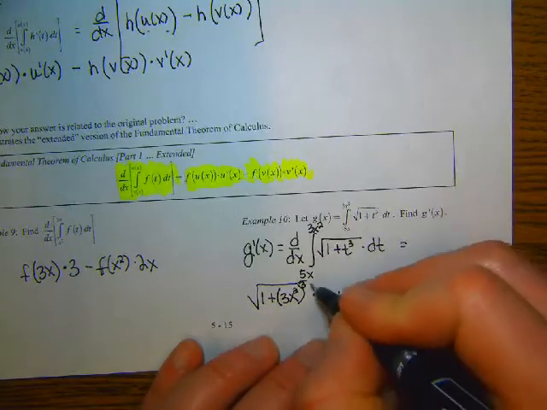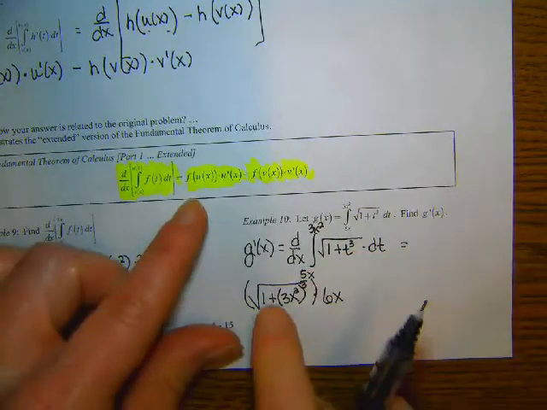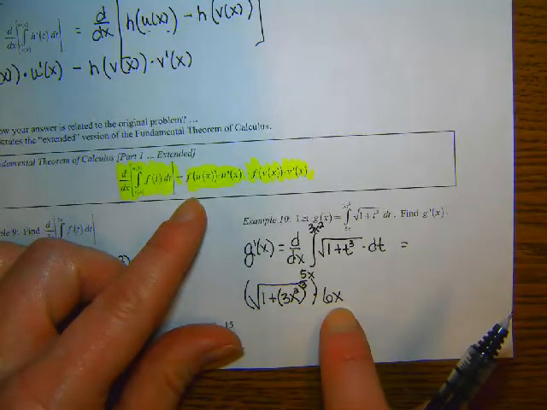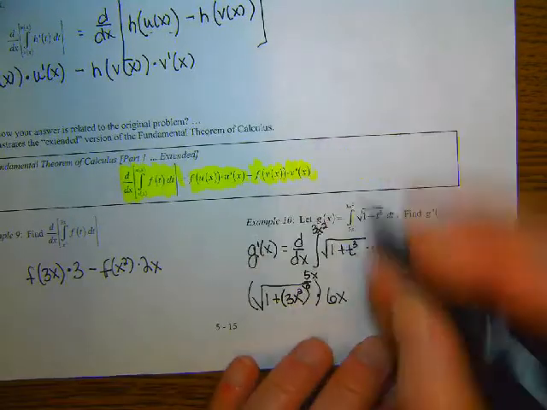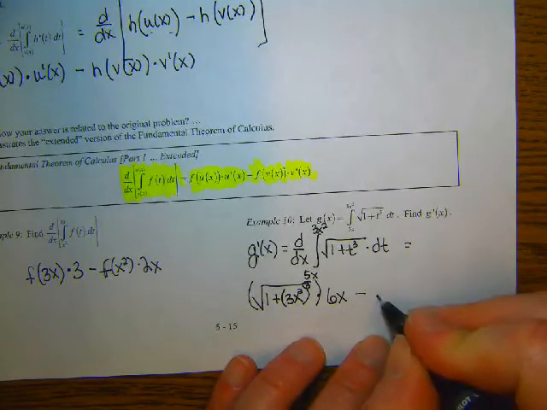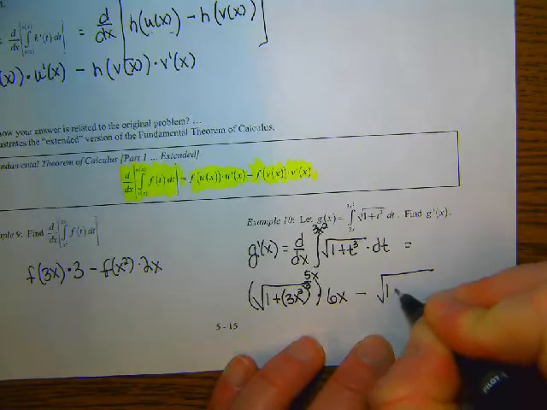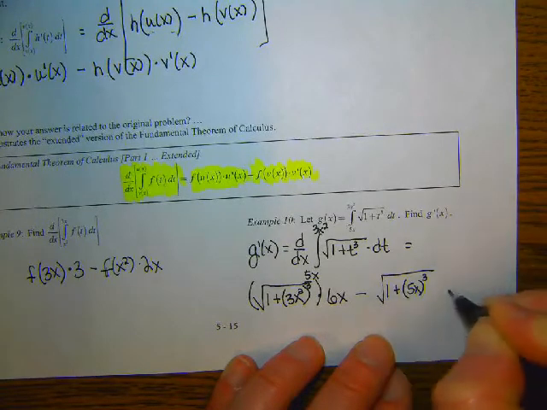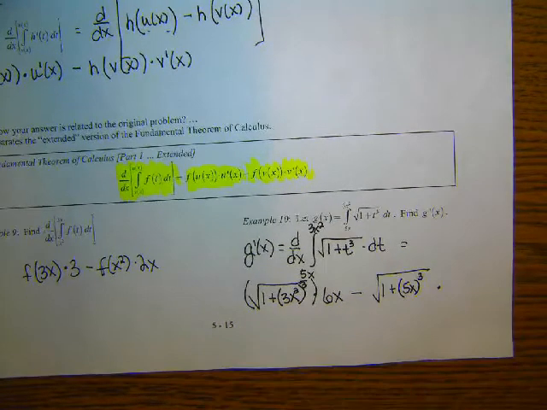That's outside the square root, yep. This is my f of u of x times u prime of x, okay? And then minus the square root of 1 plus parentheses 5x cubed times what?